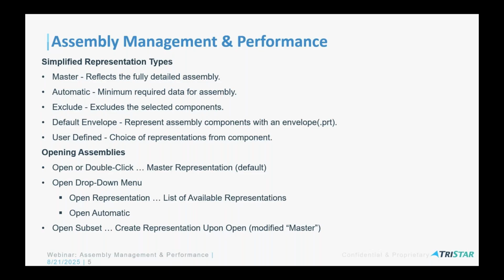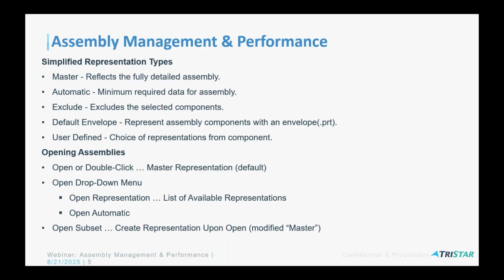That allows us to open an assembly without bringing in the master into session until we choose what we want to see. And then that comes in the session as a modified master simplified rep, which we can save if we want to keep that for later use, or if we're just working on the assembly temporarily and we want to just bring in a few parts of the assembly in the session, we can do that as well.